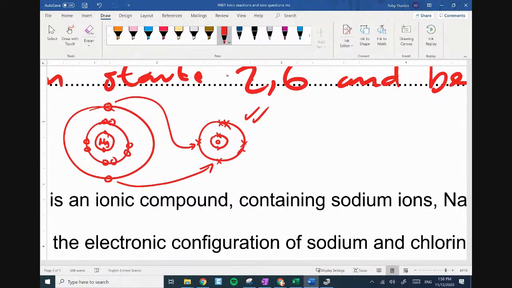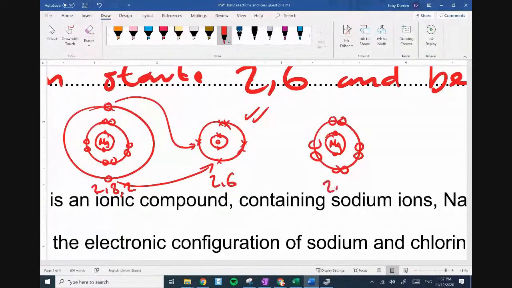Then the final one is, you would have to do this as well to get this mark. I'm sorry, I should try and keep them the same size. Mg, 2 electrons. You'd have to show all the shells because it's getting you the 2,8. This one was 2,8,2, this one was 2,6. And then in order to get this, you'd have to say 2,8 in square brackets, 2+.